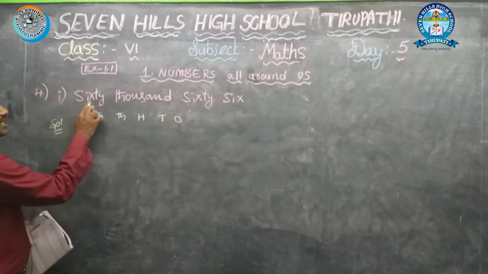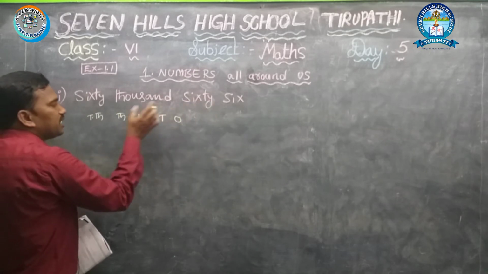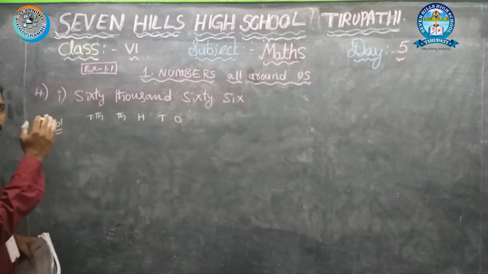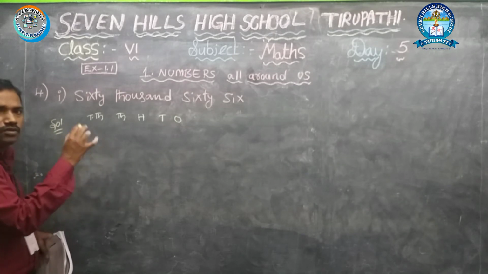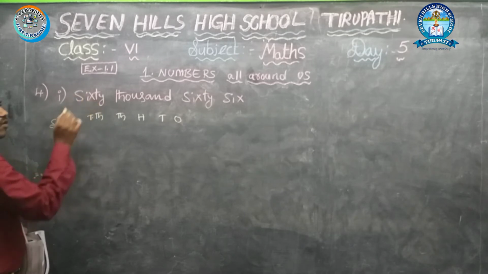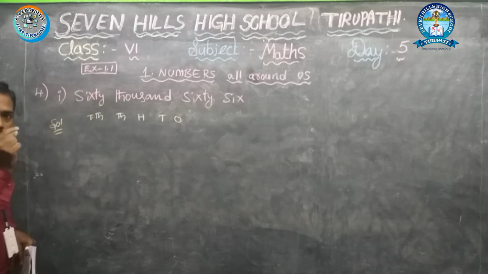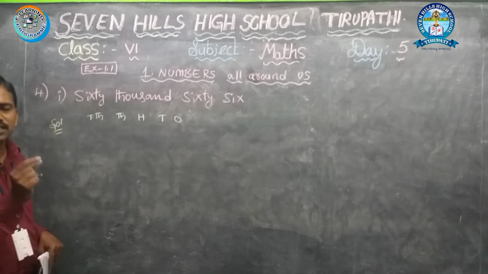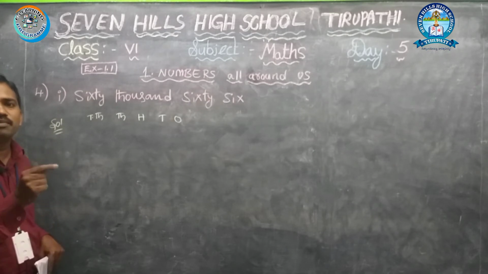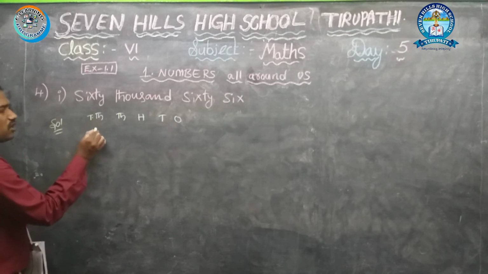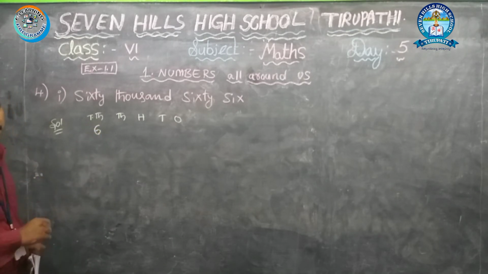The highest number is 60,000, so the number starts with the 10,000s place to the ones place. 60,000 means in the 10,000s place 6 is there.